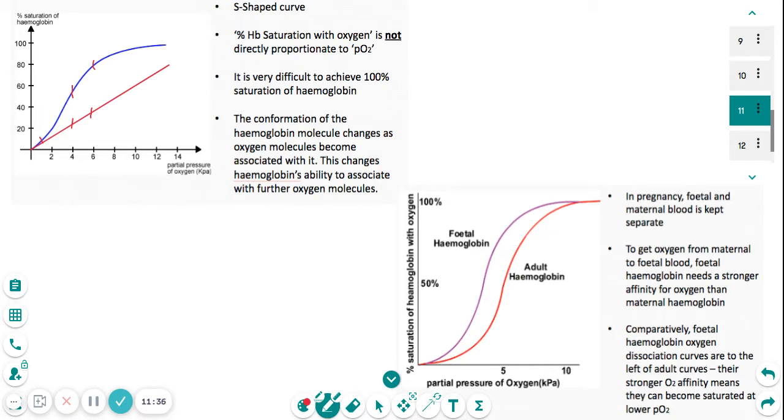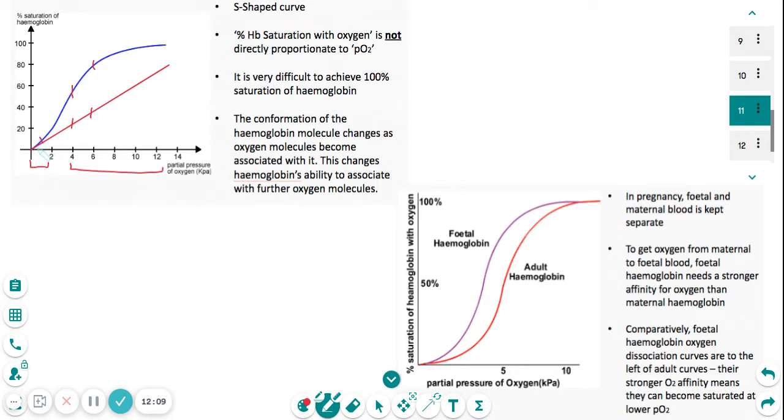Last thing to be aware of with hemoglobin, I'll just talk about one more thing here. So you can see here, as long as there's medium to high pressures of oxygen, hemoglobin is really good at associating with oxygen. But when you get down to the lower pressures, hemoglobin is not good at associating.